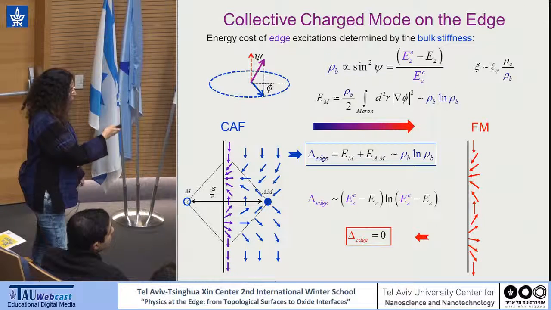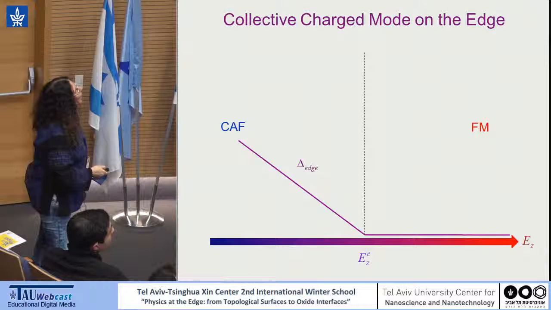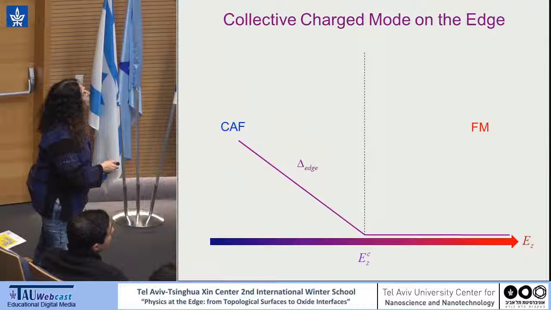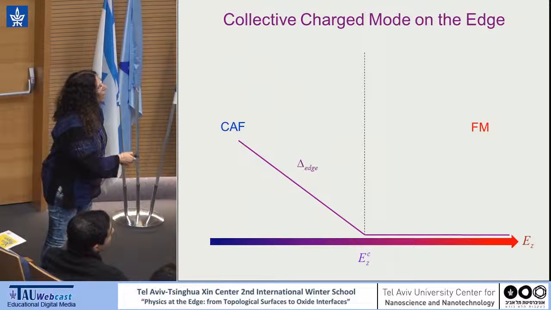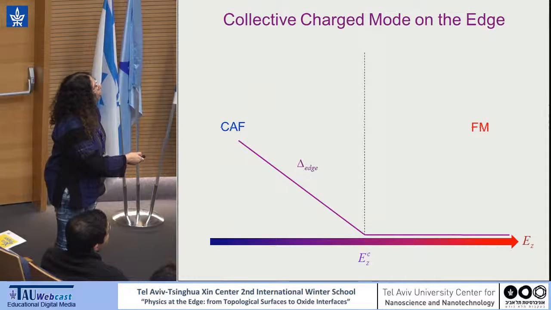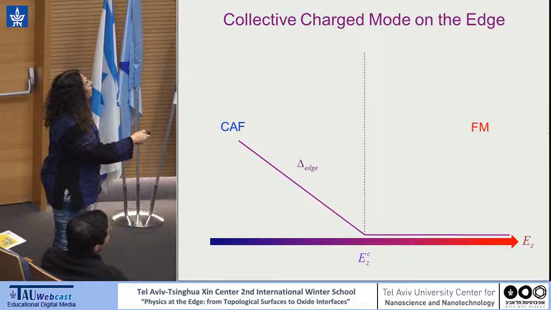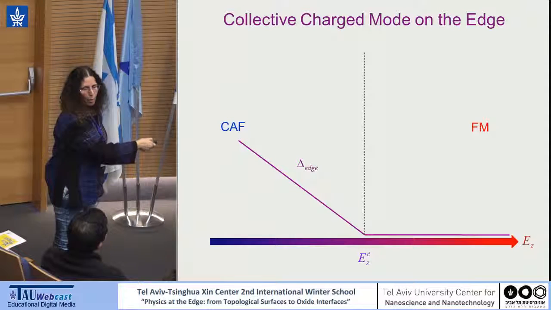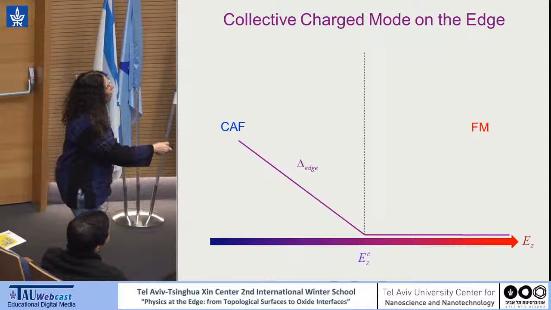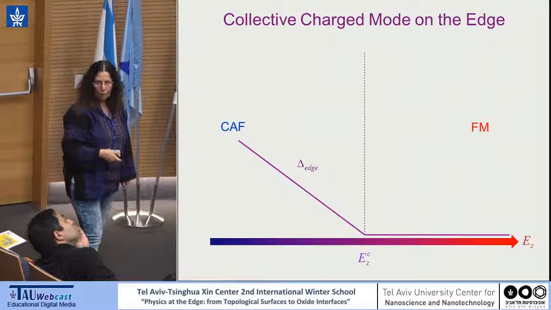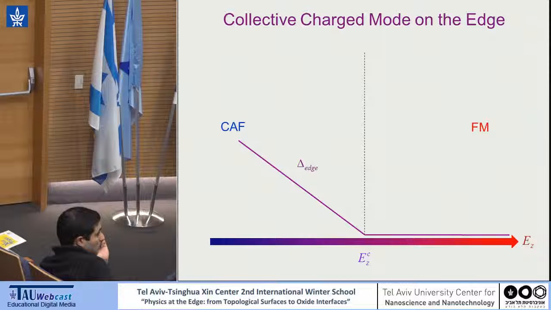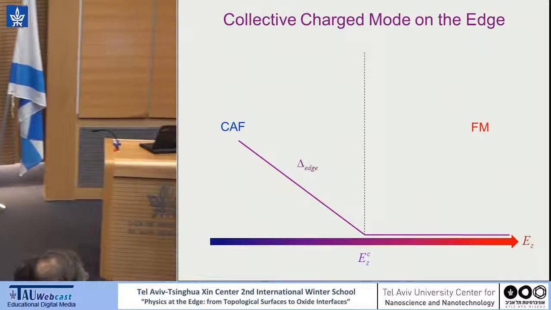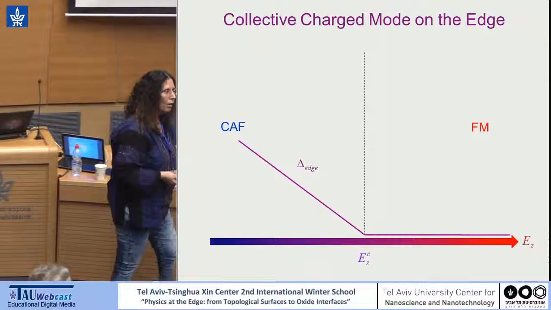So if I plot a diagram which describes the gap to charge excitations as a function of the Zeeman energy, when I go across the transition, there is some finite gap, it vanishes at the transition and becomes zero. Now, in addition to the charge excitation, we also have neutral excitations that are only spin waves.